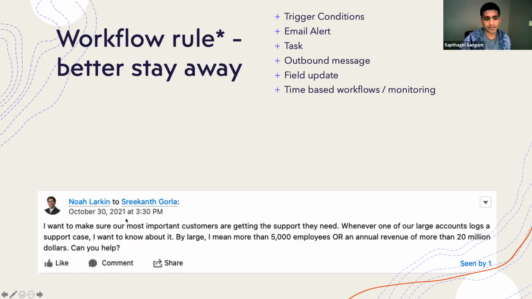That email alert would send an email to NOAA saying, hey, there is a big case created, or some case has been created for a big account. So we will look at the trigger condition and the email alert. While doing that, I will also talk about the task, outbound message and field update, and also show you the time-based workflow. Let's get into the system.